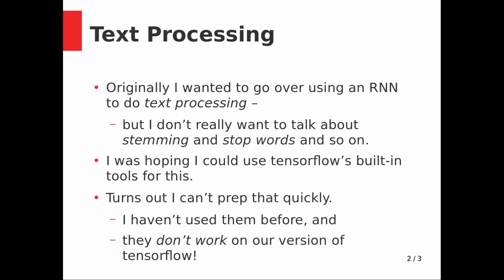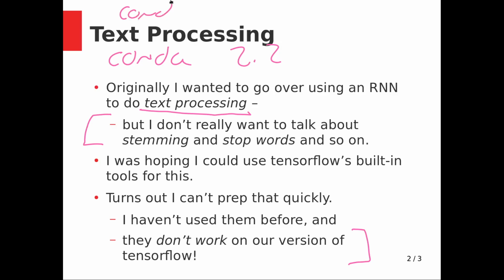Another reason is that we've been hit by the version thing, right? There is an experimental text embedding layer that does a lot of this pre-processing automatically that doesn't work on our version of TensorFlow. Conda Linux includes TensorFlow, I think it's 2.2, and then Conda Win is 2.1.